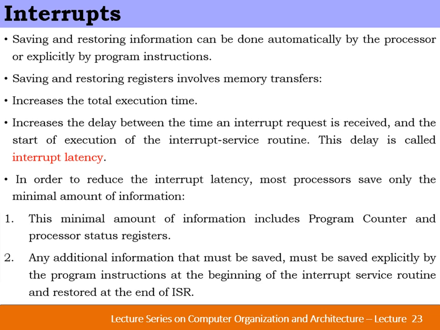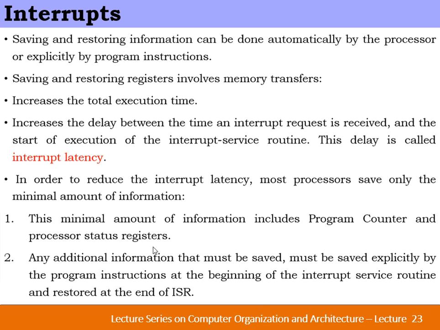In order to reduce the interrupt latency, most processors save the minimum amount of information. This minimum amount of information includes the program counter as well as the processor status register. We are not going to save all the contents of the registers or any special purpose register.